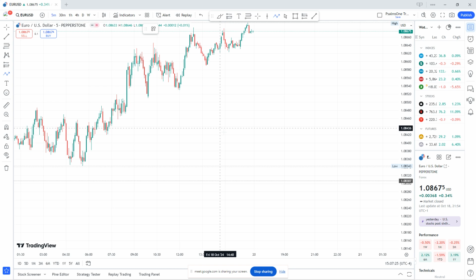According to the trend, the market will start going back and forth between two prices.